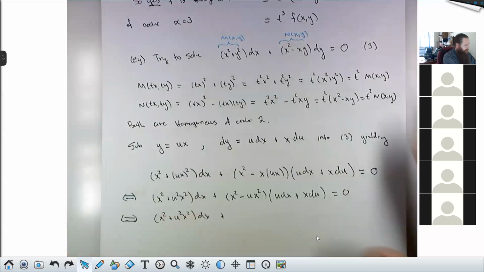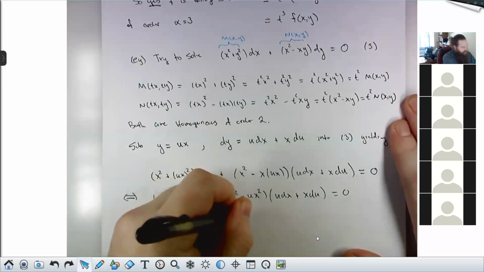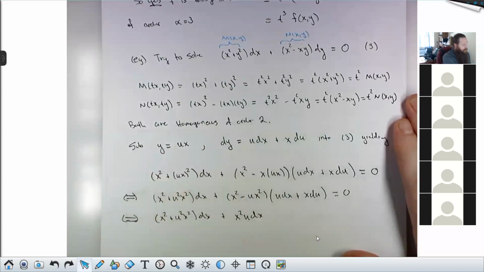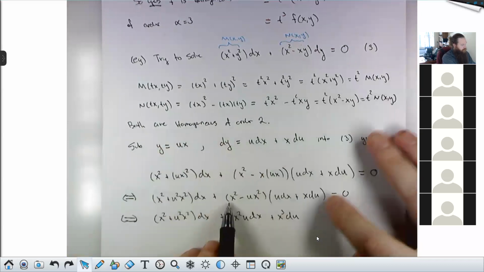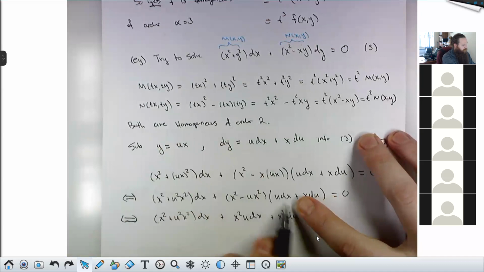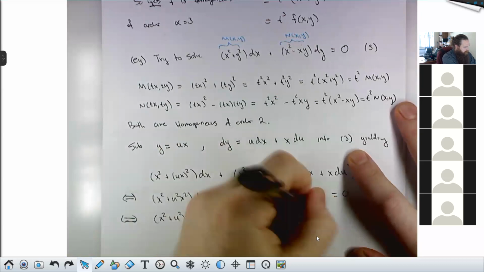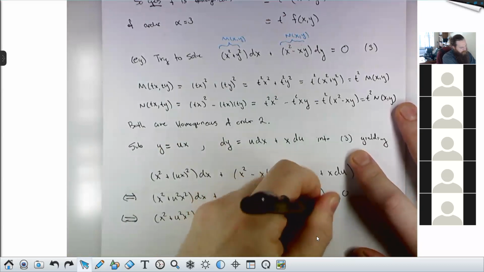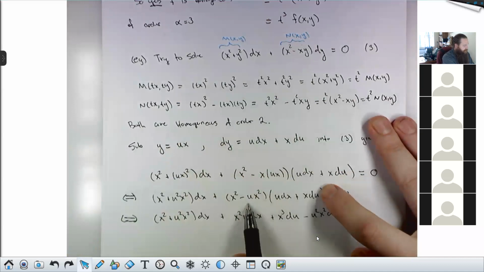So I'll have x squared times u dx plus x cubed du, my outers. And then my inners, I have ux squared times u dx, that's minus u squared x squared dx. And then minus ux cubed du.